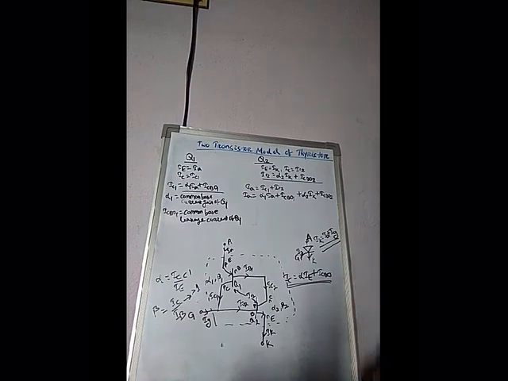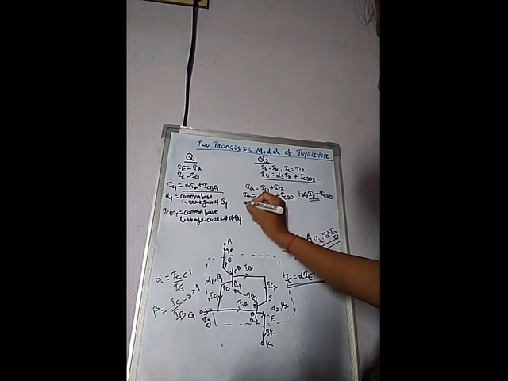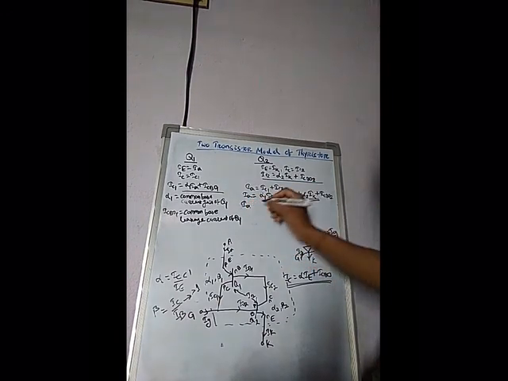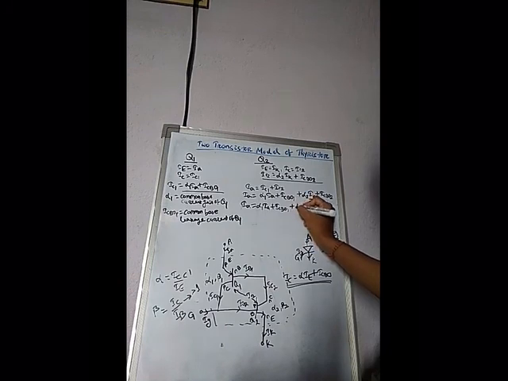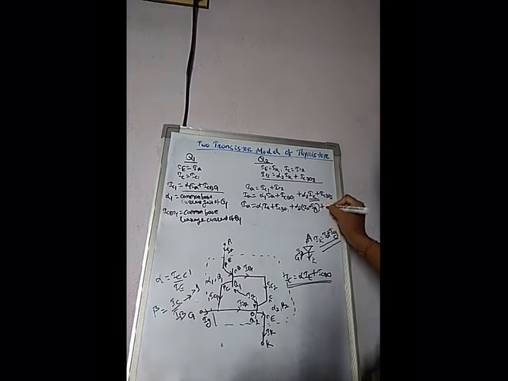So if I put this IK value here, after applying the expression, the expression becomes IA is equal to alpha 1 IA plus ICBO1 plus alpha 2 times IA plus IG, plus ICBO2.